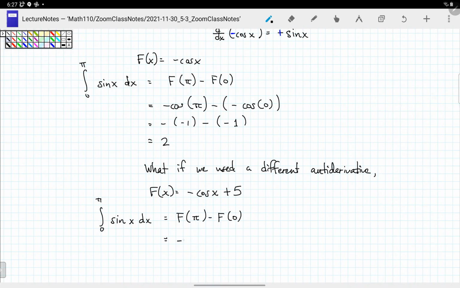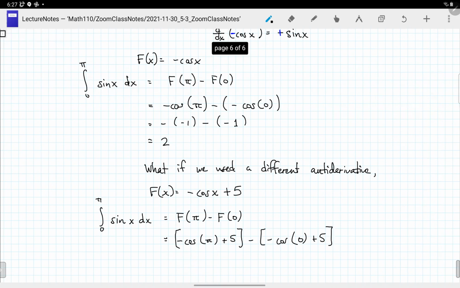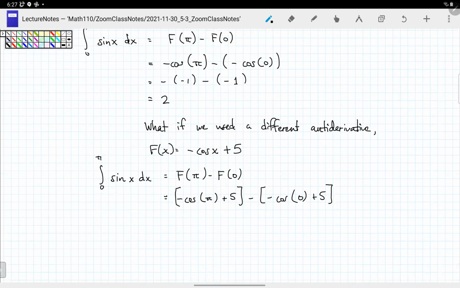So it's negative cosine of pi plus 5 minus negative cosine of 0 plus 5. And I want you to notice that this is the same as negative cosine of pi plus 5 minus negative cosine of 0 minus 5.